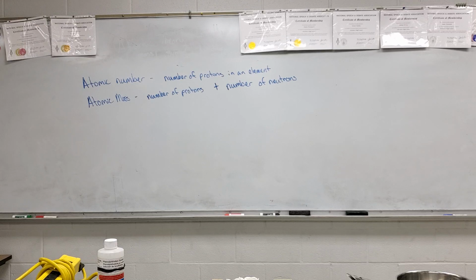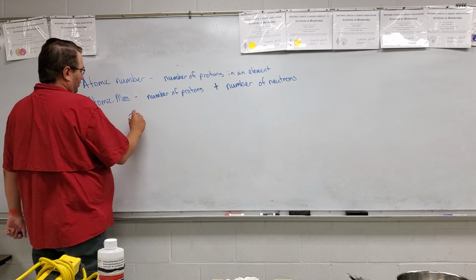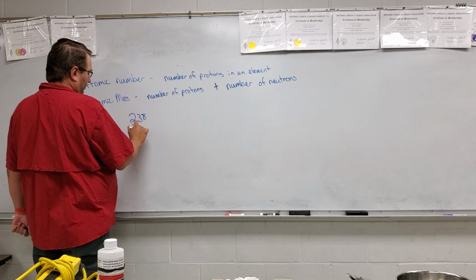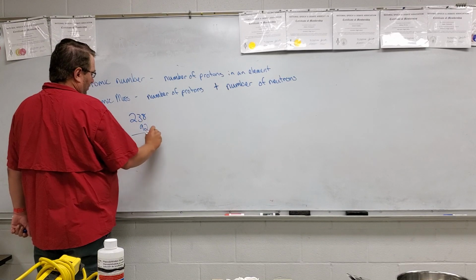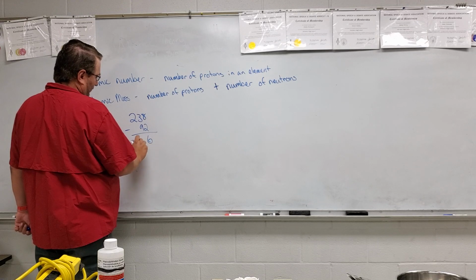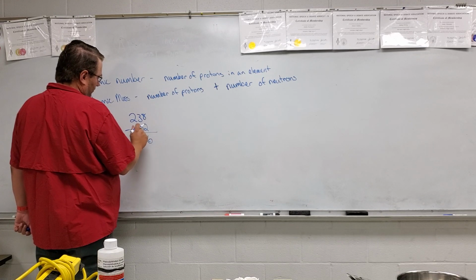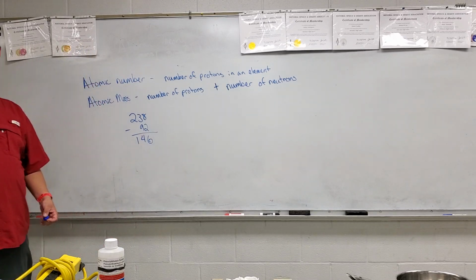So, for example, in uranium, the atomic number is 92, but the atomic mass is 238. For the most common one, anyway. So, if the mass is 238 and the atomic number is 92, how many neutrons does it have? 146.